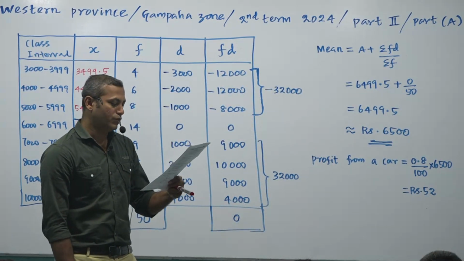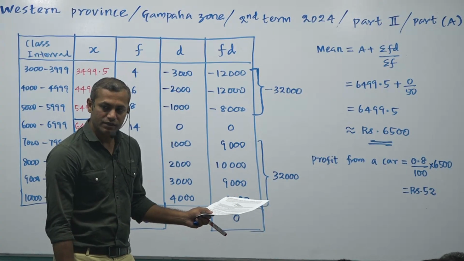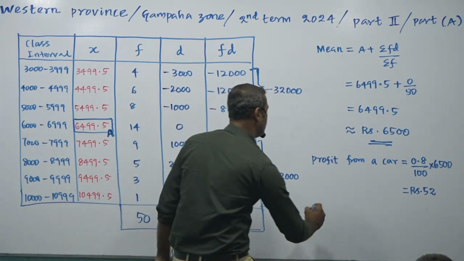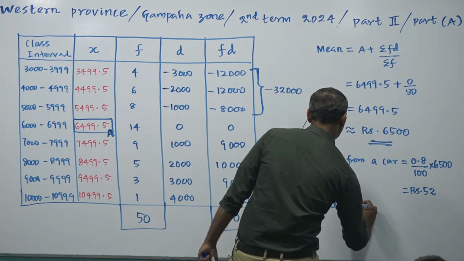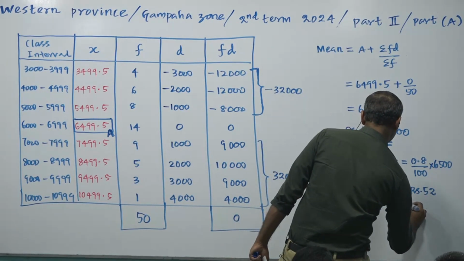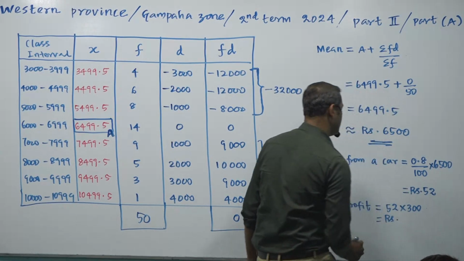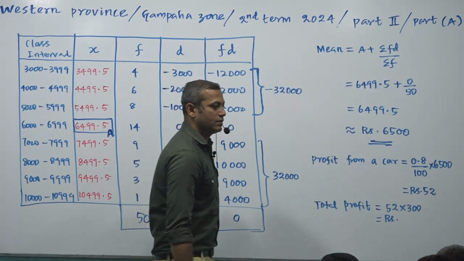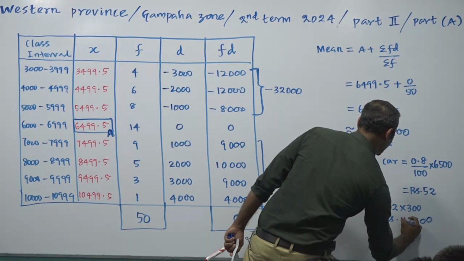Such 300 motor cars. Then what you have to do? Multiply this by 300 for the total profit. That is 52 into 300. How much? Rupees? Yes. 0, 0, 3 into 2, 6, 3 into 5, 15.